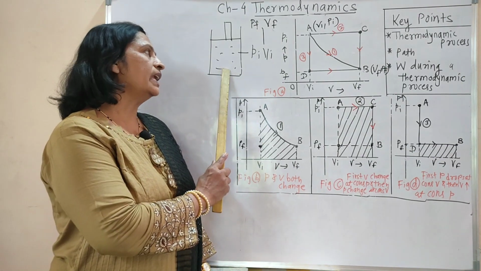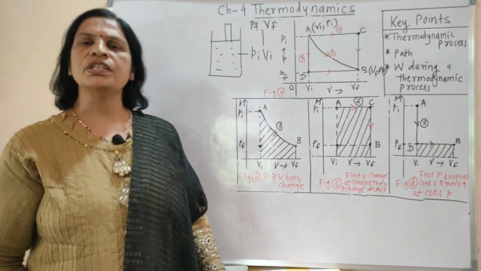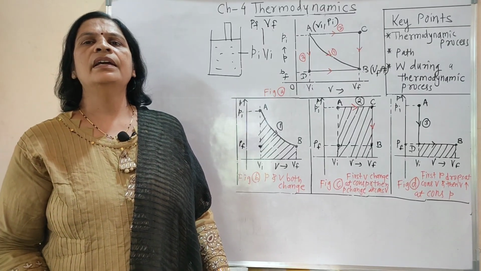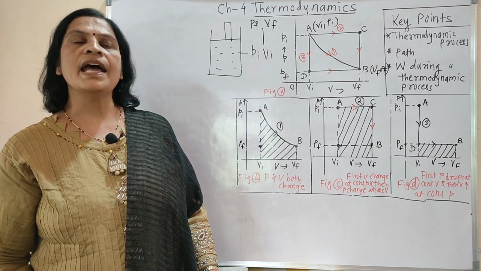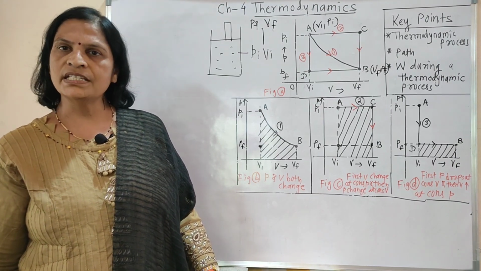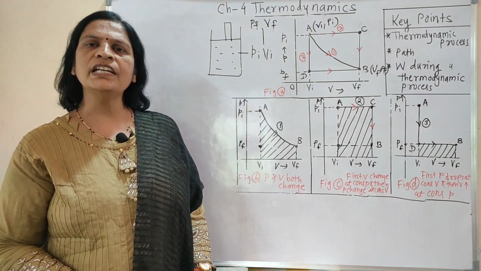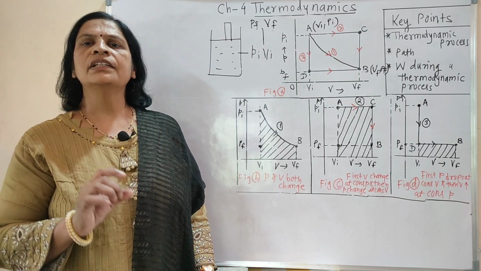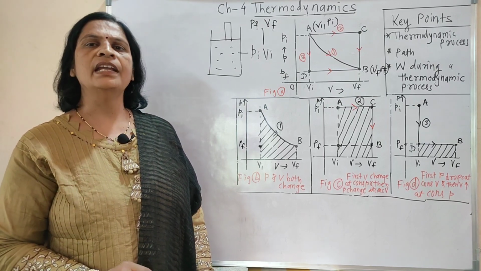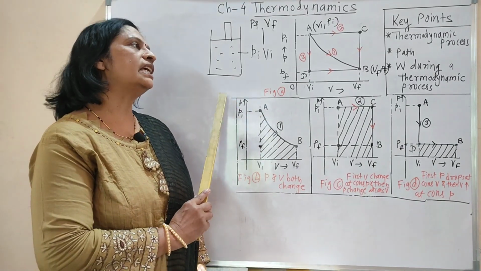To maintain this thermodynamic equilibrium, the changes in the system occur very slowly, and that system is called a quasi-static system. Understood? When changes in the system occur infinitesimally slowly so that thermodynamic equilibrium of the system is maintained, that system is called a quasi-static system.